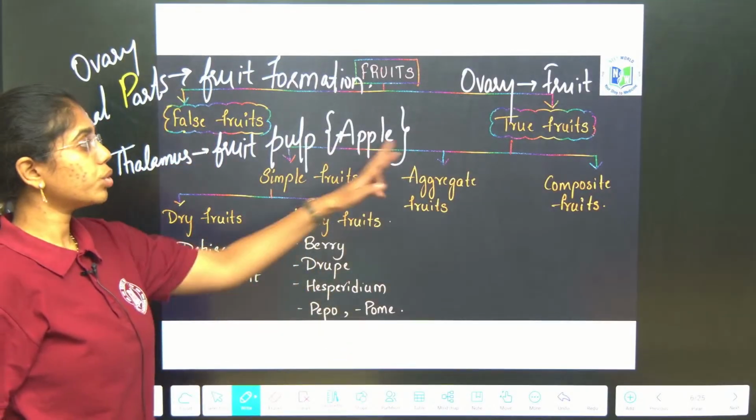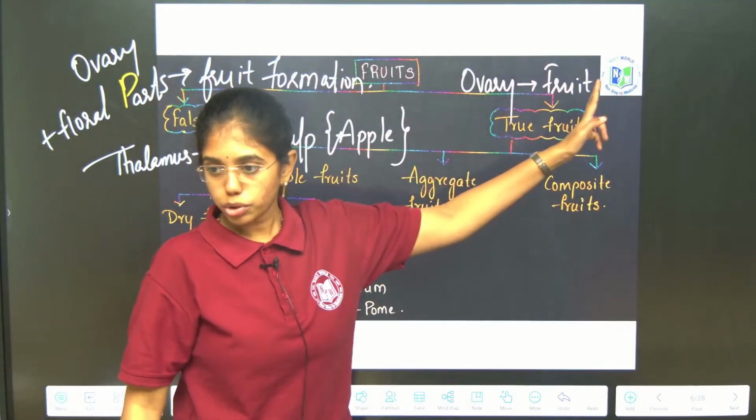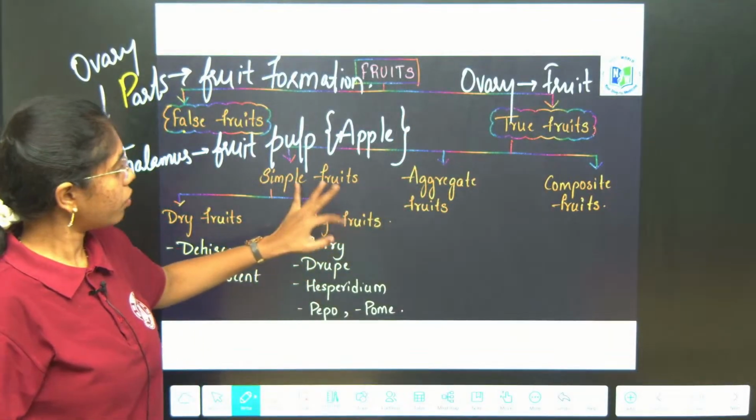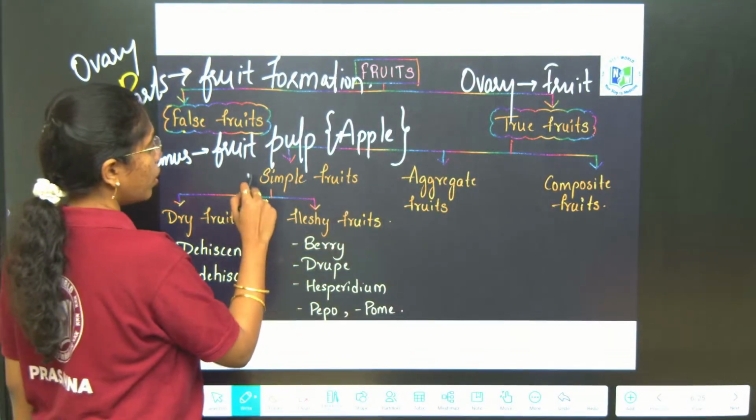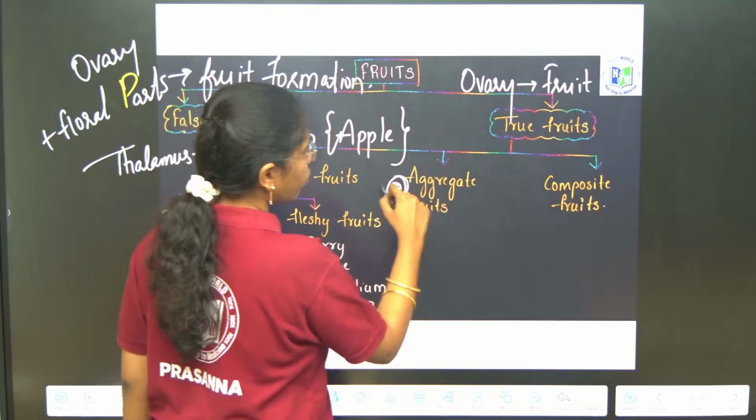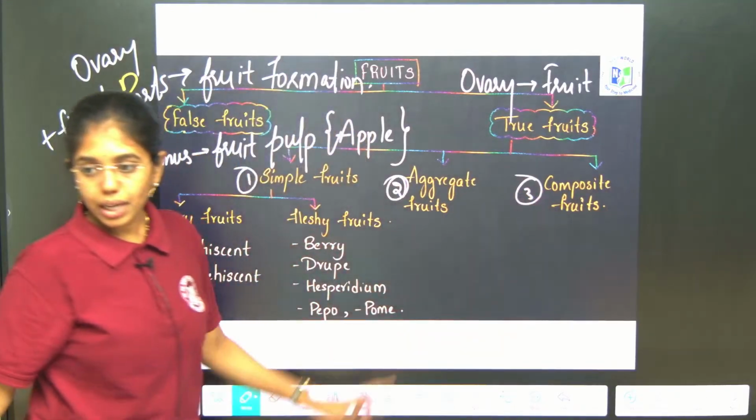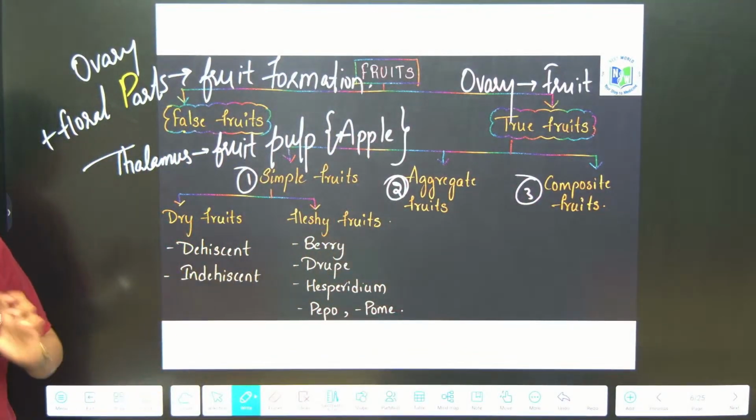Here you see true fruits, where the ovary turns to fruit. True fruits are of 3 types. One is simple fruit, second is aggregate fruit, third is composite fruit. Clear explanation of this we will learn in the coming slides.